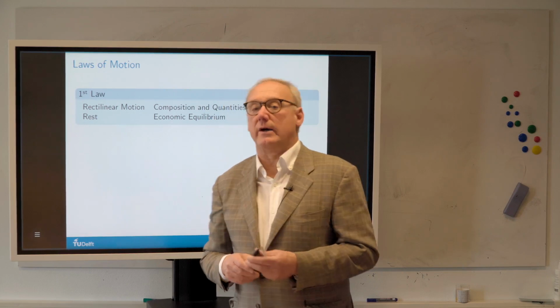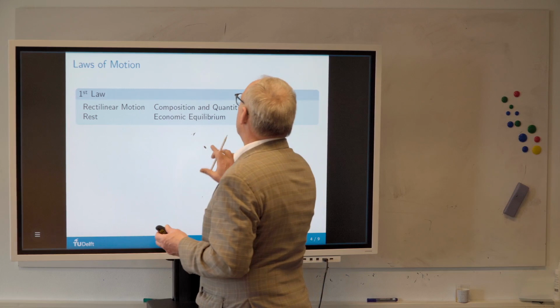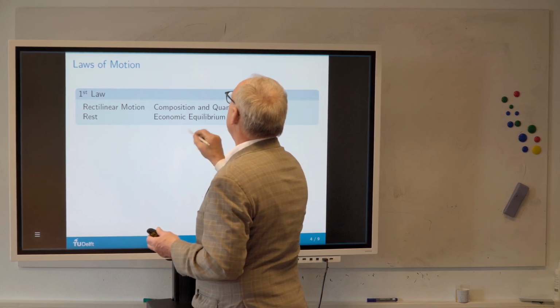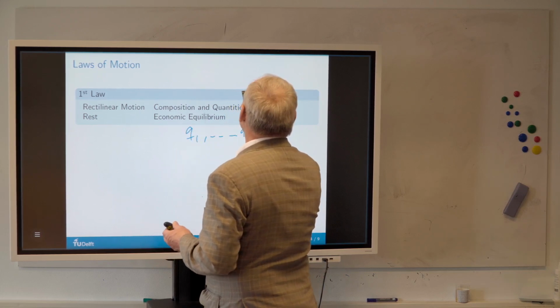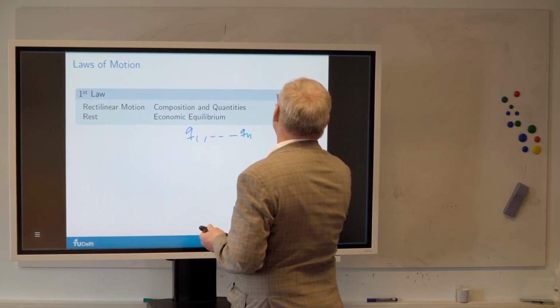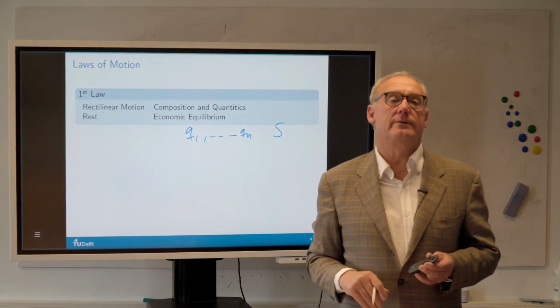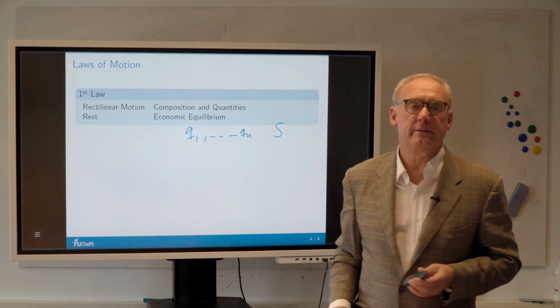And you'll see the way we fix it: we'll just take partial equilibrium for the n commodities we're interested in, and all the other ones we'll put together in some variable that we call entropy. But this is for later.